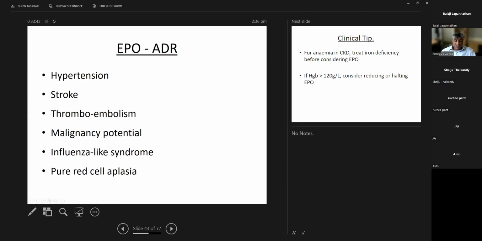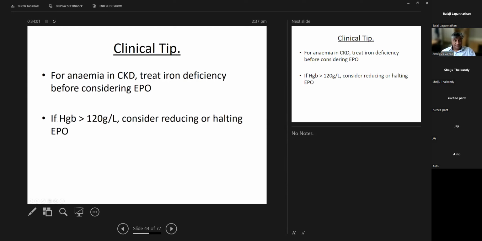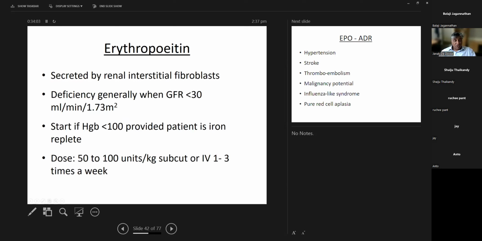And in some patients, they can get an allergic reaction where they get antibodies produced against hemoglobin and develop what we call pure red cell aplasia, where they've got antibodies which target the red blood cells, so the hemoglobin drops even more precipitously. So we do have to be cautious.